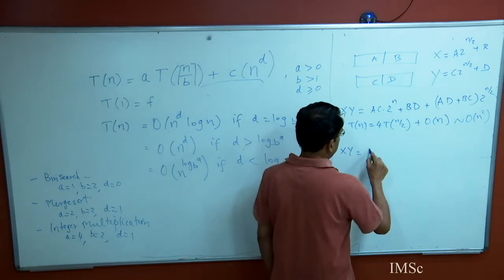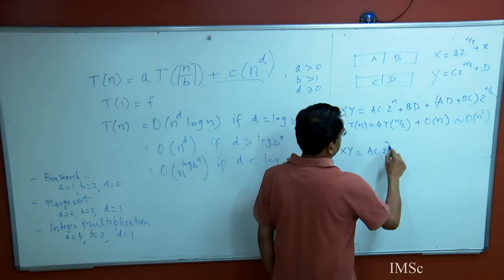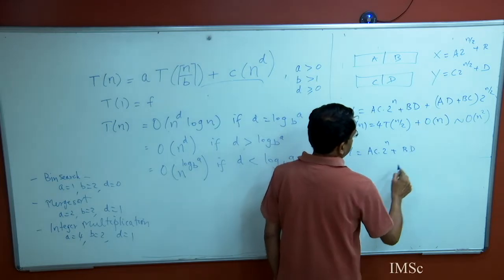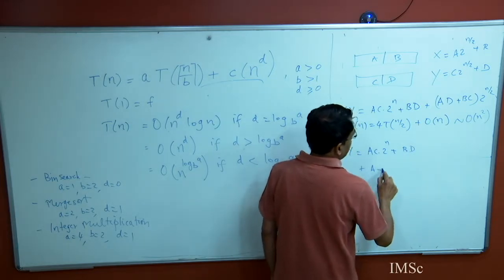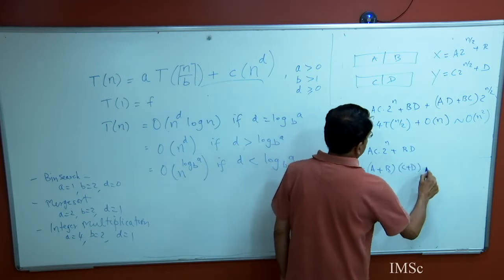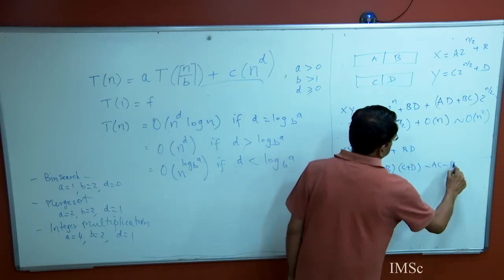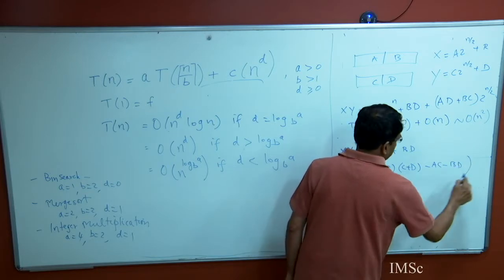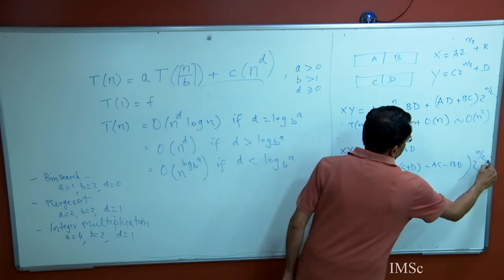I'll tell you how to do that. So it's AC into 2 power n plus BD plus A plus B into C plus D minus AC minus BD into 2 power n by 2.